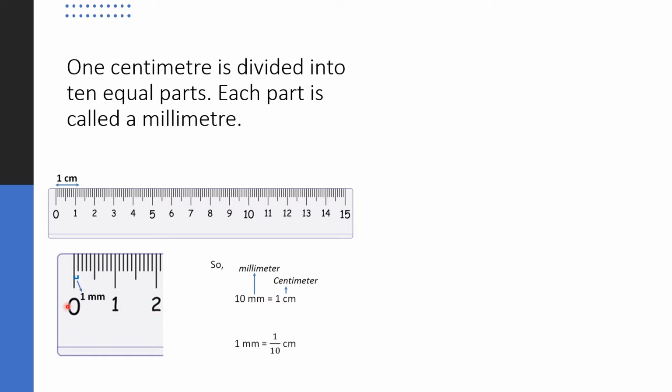But if we count with millimeter, there are small lines given here, and from 0 to 1 the small lines are 10, and from 1 to 2 the small lines are 10. In the same way, there are 10 small lines between two numbers. So 1 centimeter is equal to 10 millimeter.